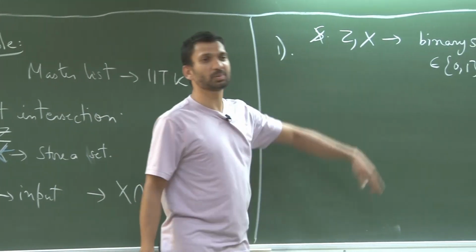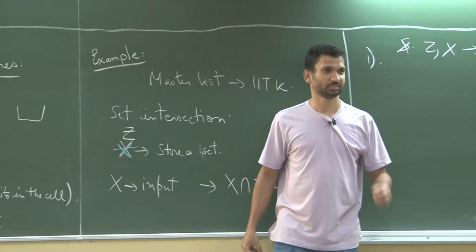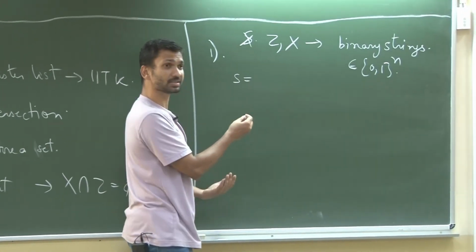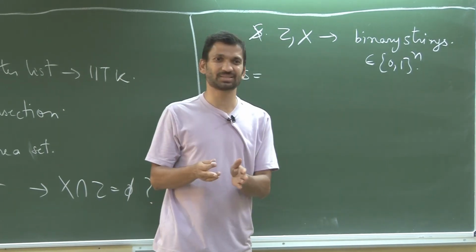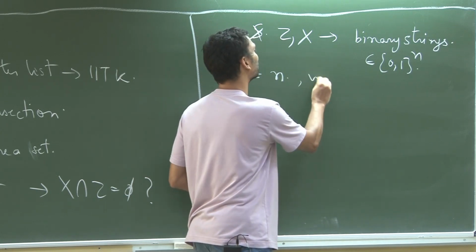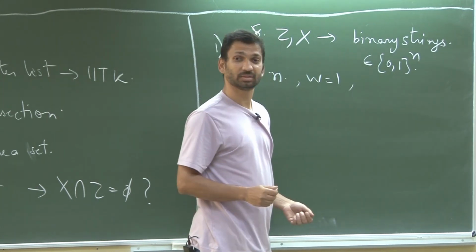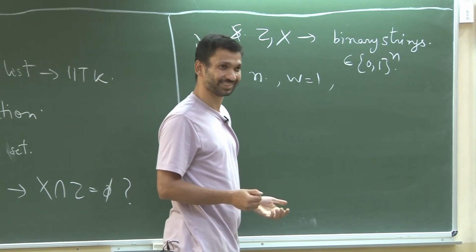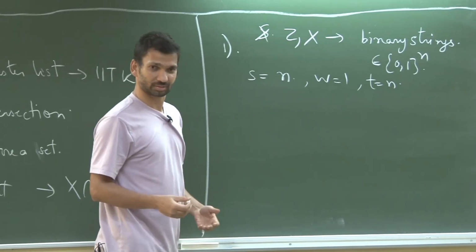Let's say for this simple representation, what is my S, W, T? What is S? S is n, right? If S is n, you are saying W to be 1 and T is n, in the worst case, correct?